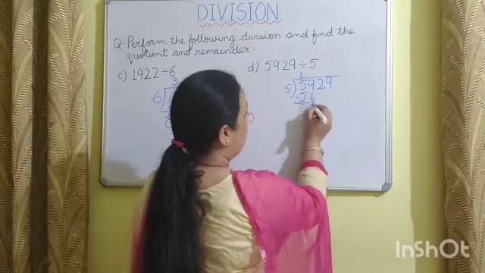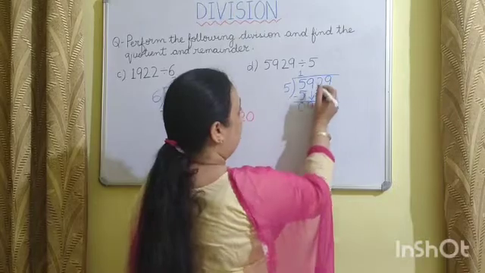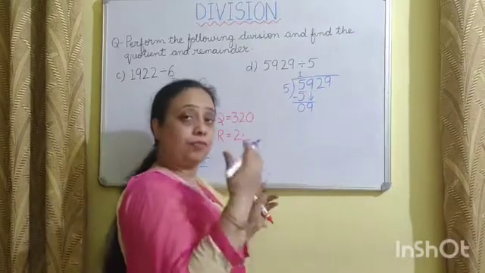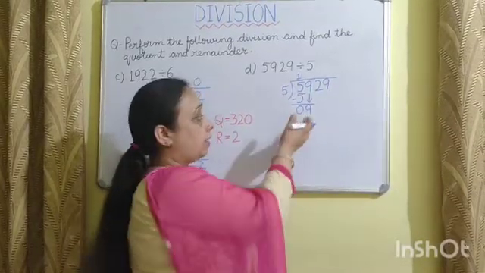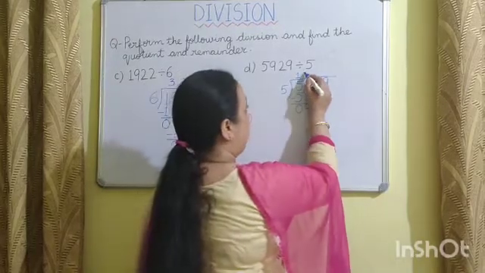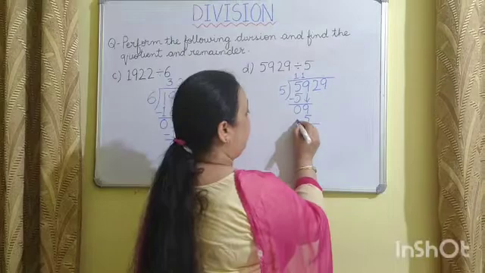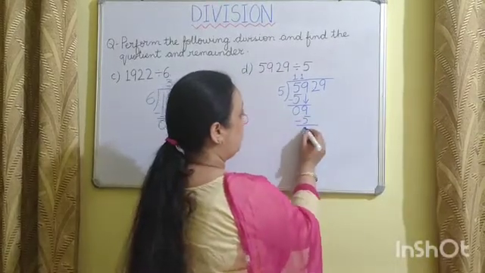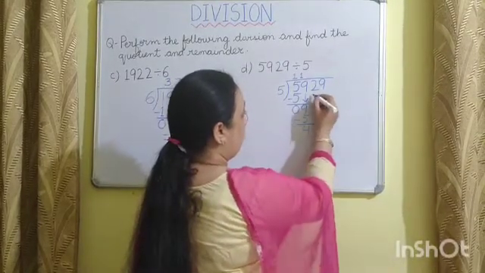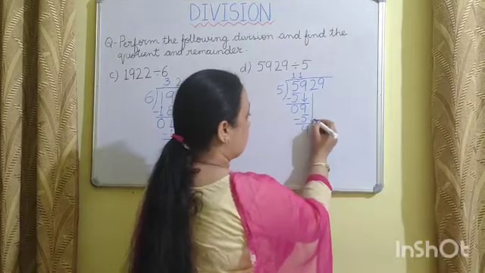Copy down this 9. 5 ones are 5 and 5 twos are 10. 10 is greater than 9. So we will take 5 ones are 5. 9 minus 5 is 4.